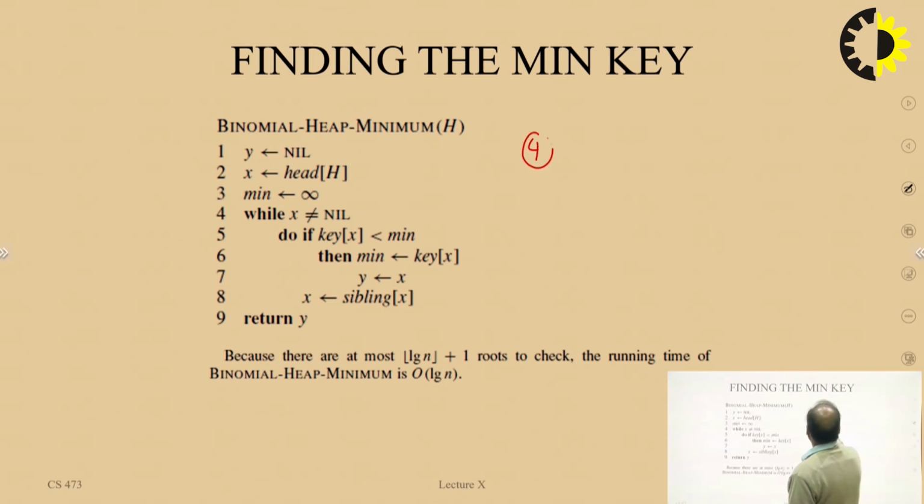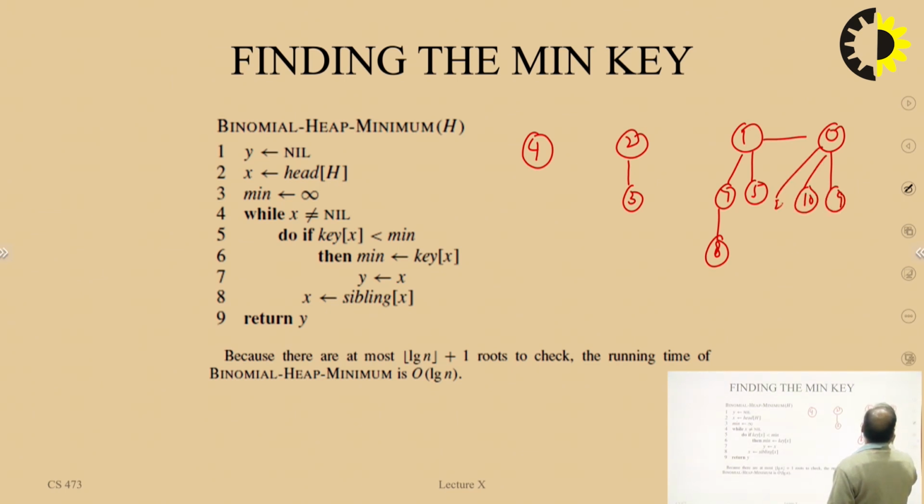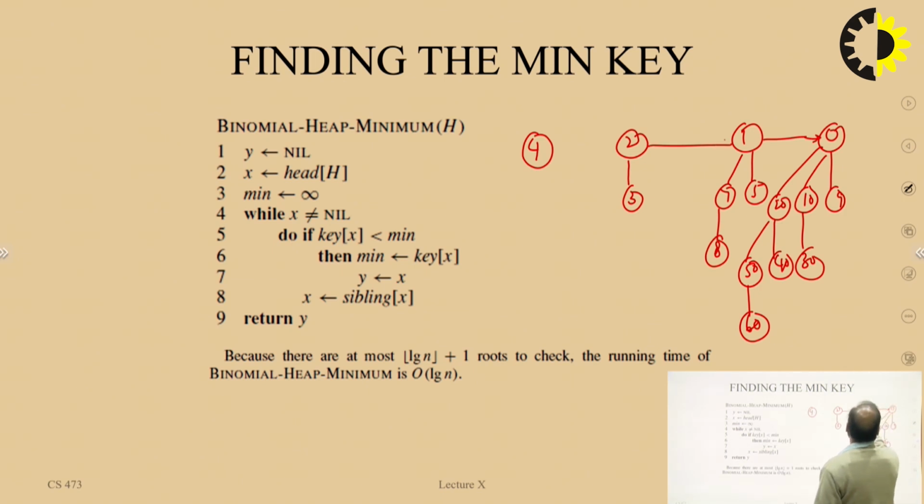Suppose you have a binomial heap with roots, let's say, 4, 2, 1 and 0, with other nodes such as 5, 7, 8, 9, 10, 20, 30, 40, 50 and 60, and this is the head H. We know that the minimum key will always reside at the root of a tree, because the heap obeys the minimum heap property.